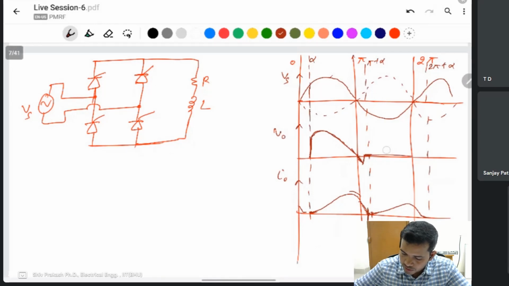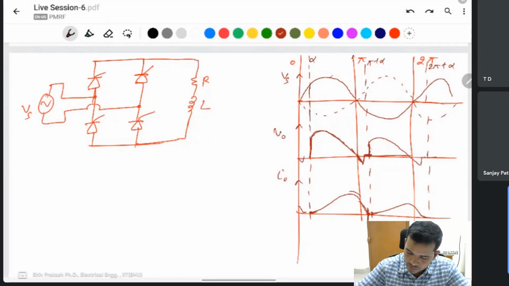Same thing, the output voltage is 0. Sorry, it starts at pi plus alpha, follows the same way, and this goes to 0, like a steady state waveform.